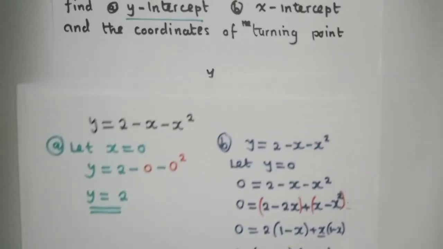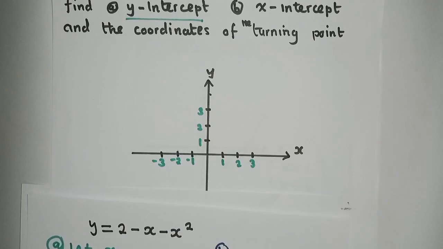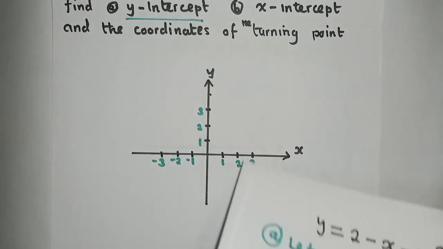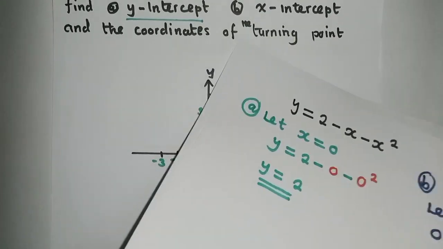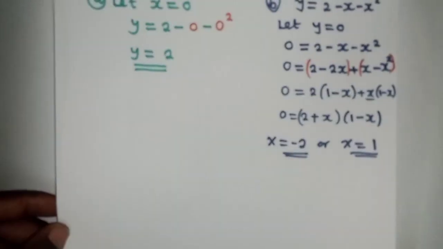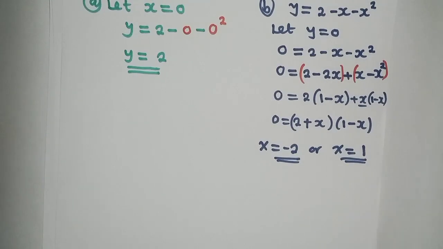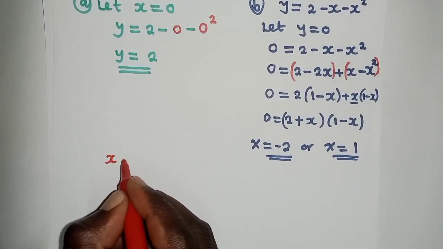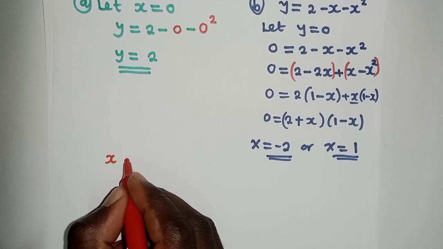We can now go to question C, where we are asked to find the coordinates of the turning point. So to find the coordinates of the turning point, we need to use the formulas. There are 2 formulas.